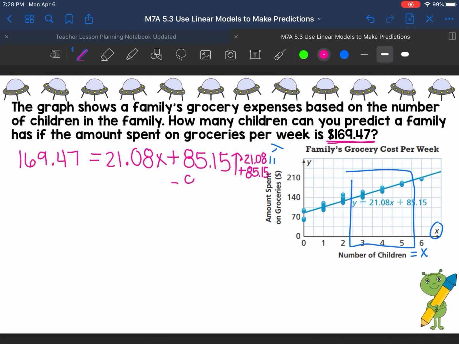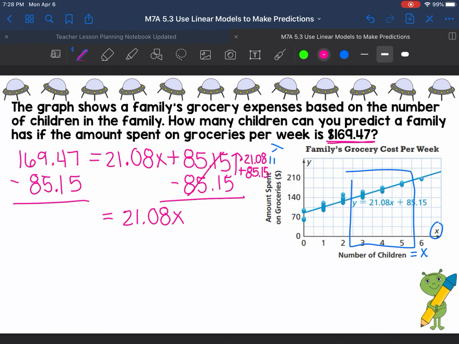So the opposite of adding 85.15 is subtracting 85.15. That cancels out, and that leaves me with 21.08x on this side. And I need to now subtract 85.15 on this side. When you subtract that, you'll get an answer of 84.32. So I've subtracted.